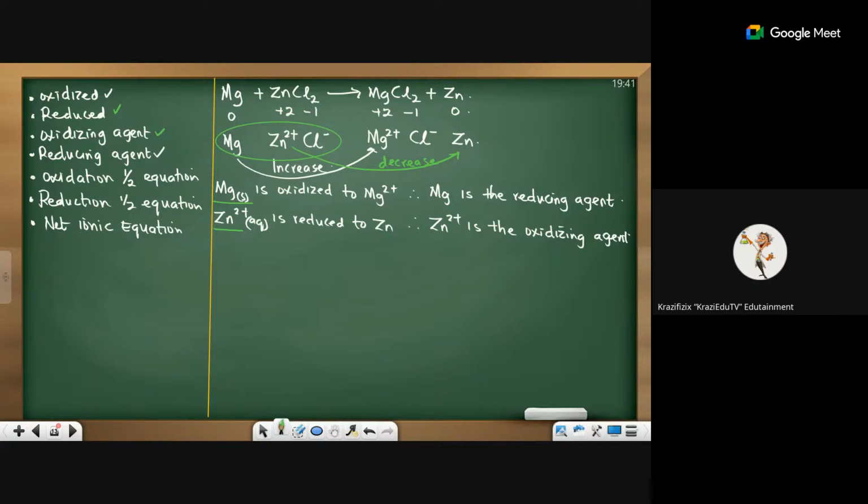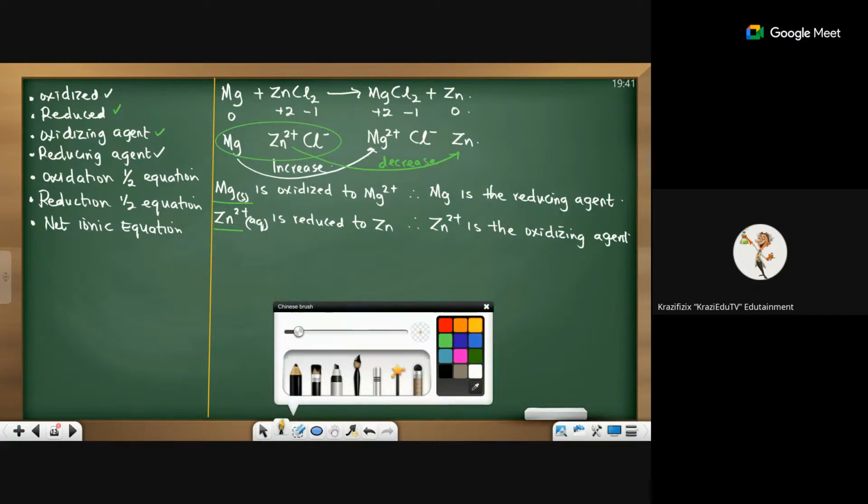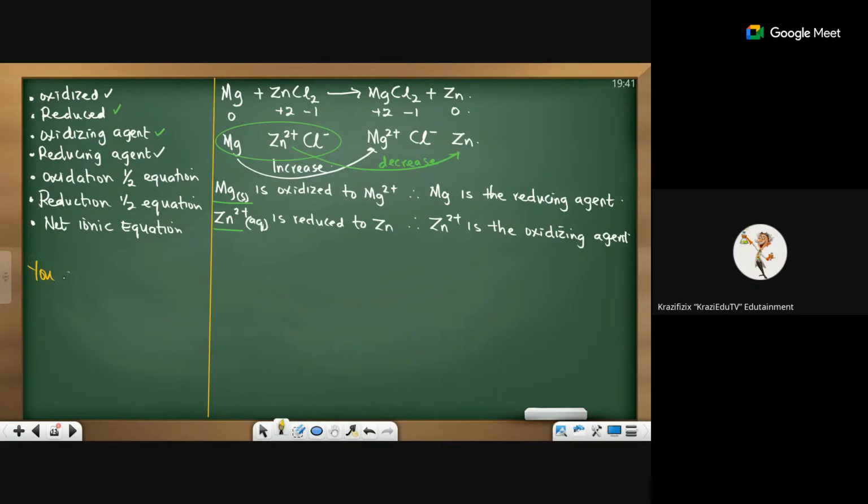Okay? Please take note. I want to give you a small note here. You cannot reduce a solid.